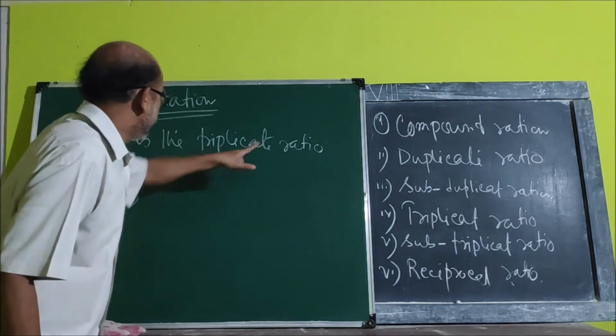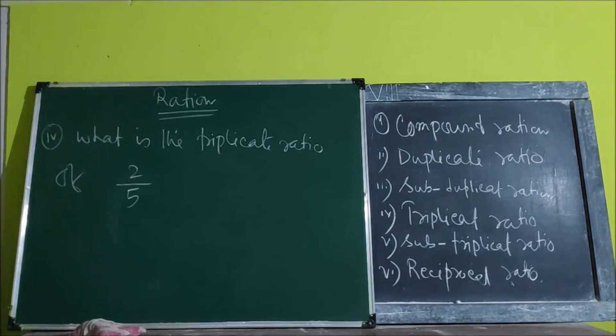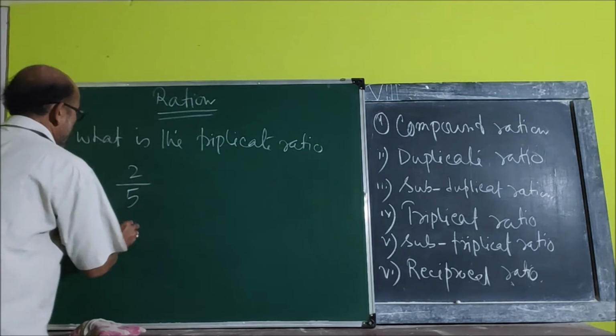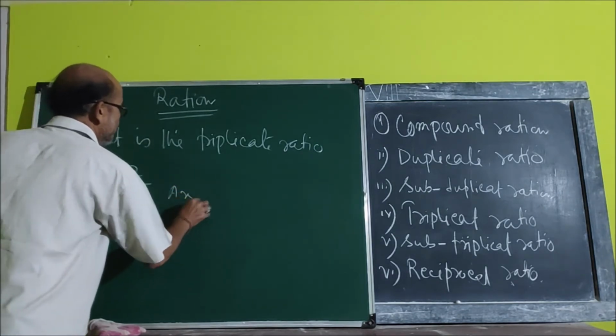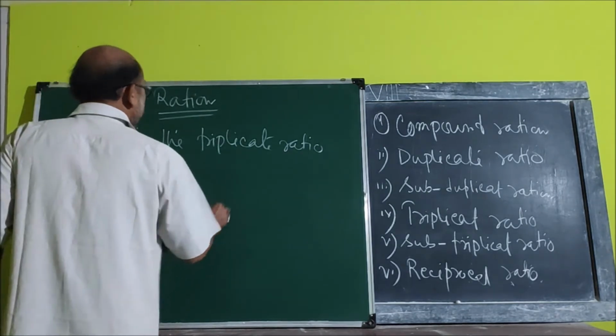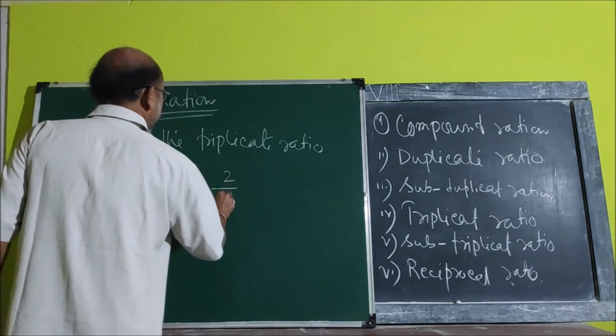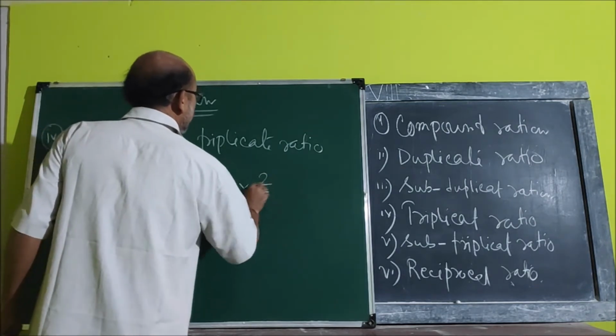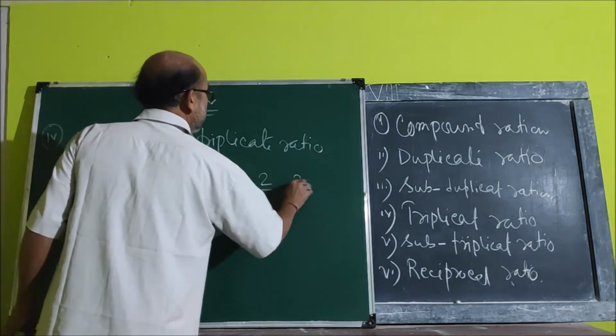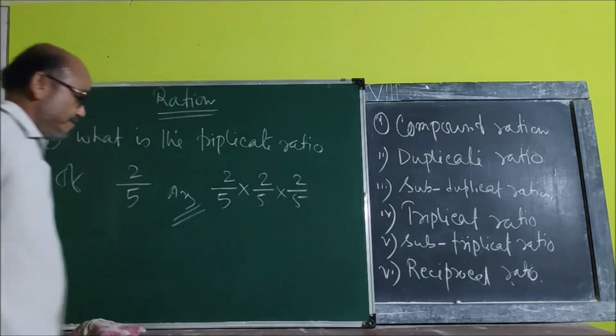What is the triplicate ratio of 2 by 5? In that case, the answer will be 2 by 5, 2 by 5, 2 by 5.